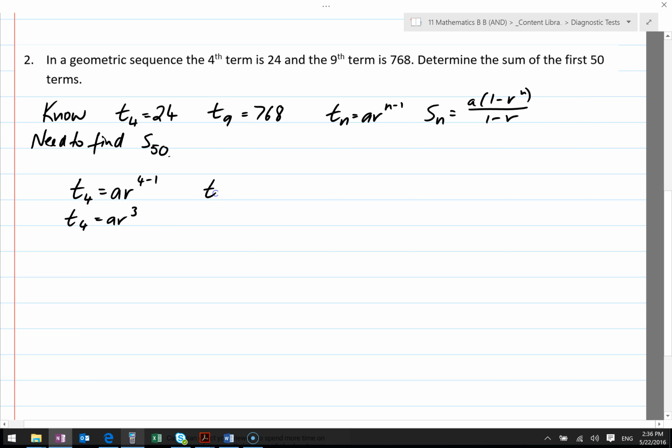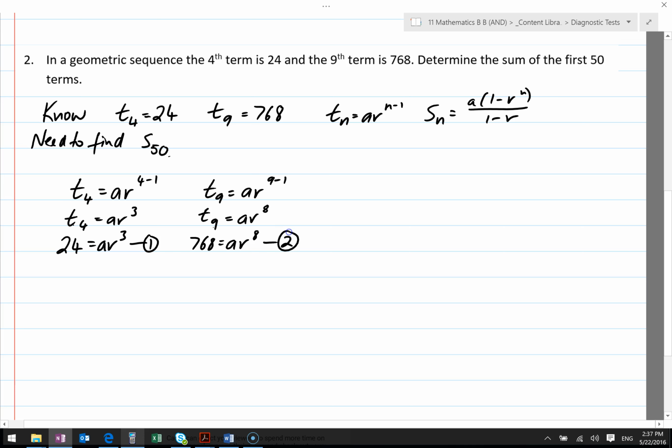With T9 I could do a similar thing. T9 is AR to the power 9 minus 1, or T9 is AR to the power 8. I know that T4 is 24, so I can replace this T4 with 24, and this will be my first equation. Similarly, I can replace the T9 with 768.